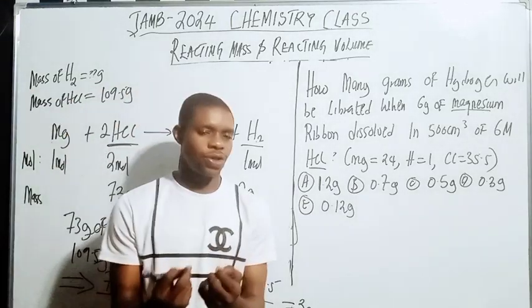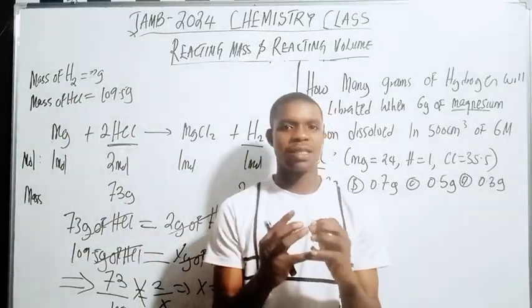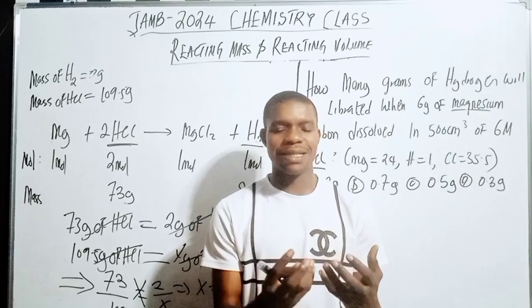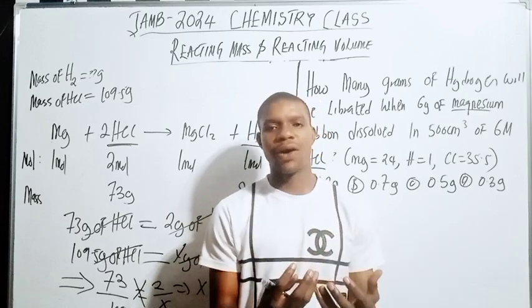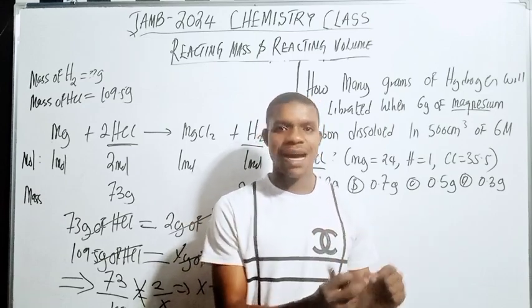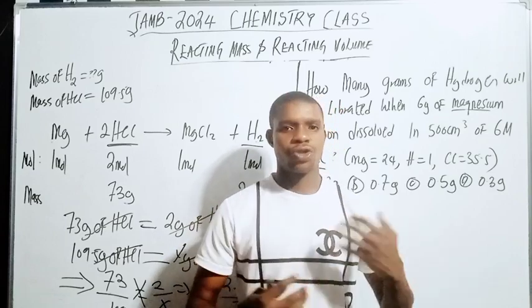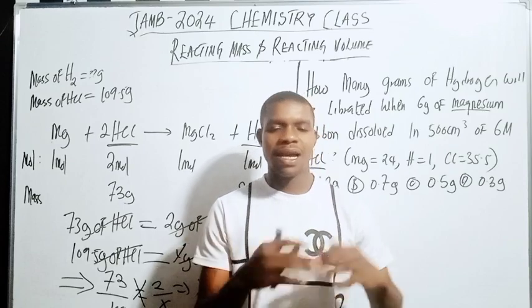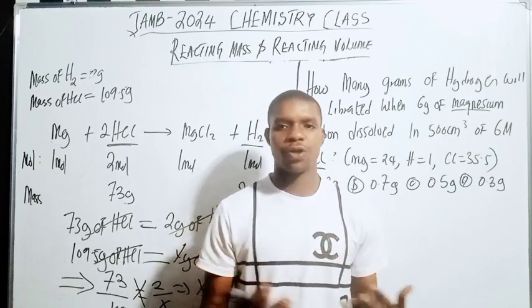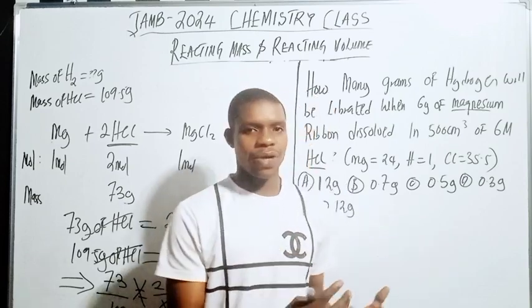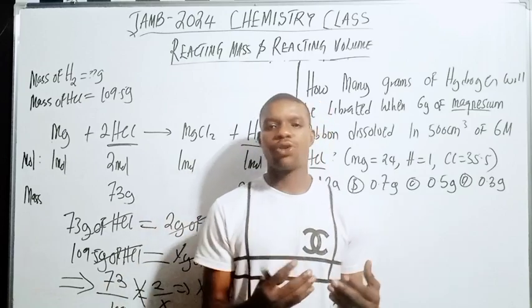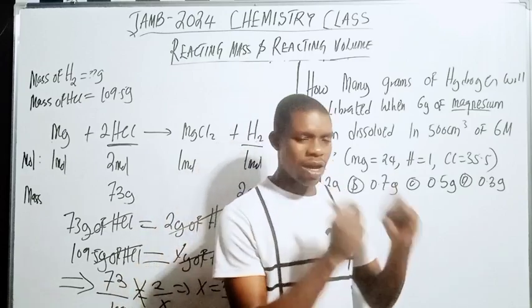So please, on how to solve problems like this, like what I told you here, chemistry calculation is not like math and physics calculation. Chemistry calculation is a little bit technical and tricky compared to any other calculation in science. That is the reason why a lot of students have issues with chemistry calculation. I myself had issues with chemistry calculation until I started studying chemistry all the time.